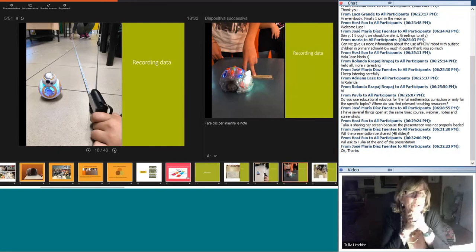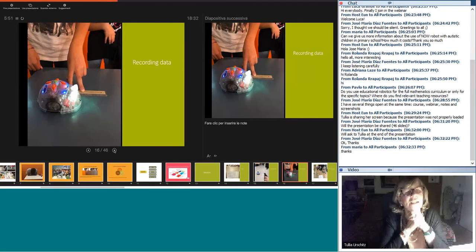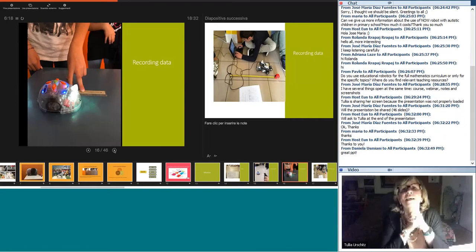I was working with some students in the 8th grade, and the robot that you see is a Blue-Bot. The Blue-Bot is a robot that usually is used in the kindergarten or in the primary school, because it's very easy, and you can program it just pressing the buttons over the back of this little bot.